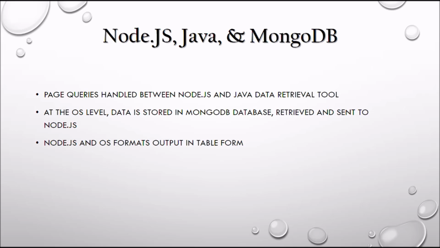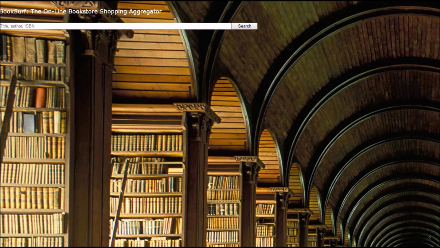Okay, so without further preamble, I'll be demonstrating the Booksurf bookstore aggregator. This is the Booksurf online shopping aggregator. It allows you to find books from a variety of sources, as well as audiobooks in video form that may be on the web.